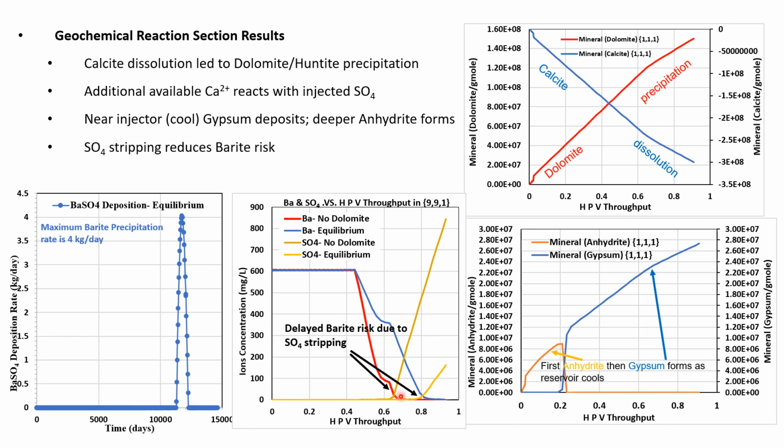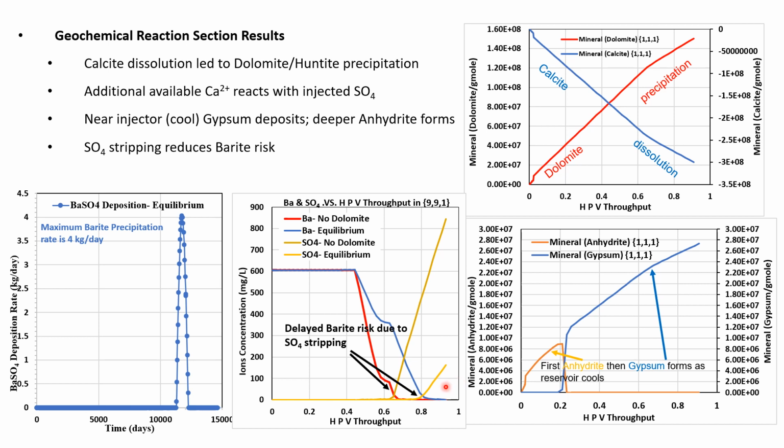SO4 breakthrough in equilibrium is later than in the no-dolomite case, due to more SO4 consumption by anhydrite precipitation.